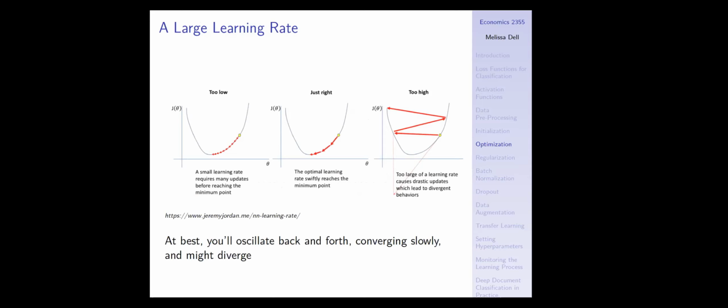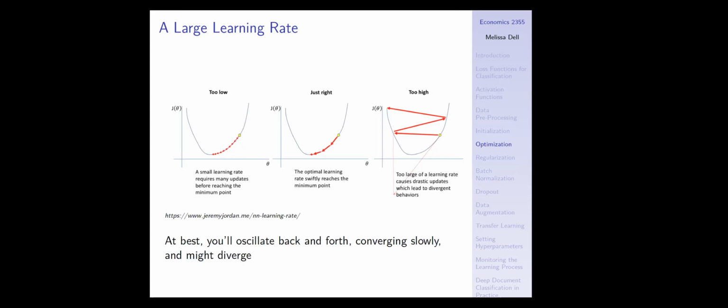In practice, that might be a big problem because you don't have a month to sit there while your model takes a lot of money to run on AWS, essentially. On the other hand, if your learning rate is too high, that means the step you take in the direction of the gradient is very large.